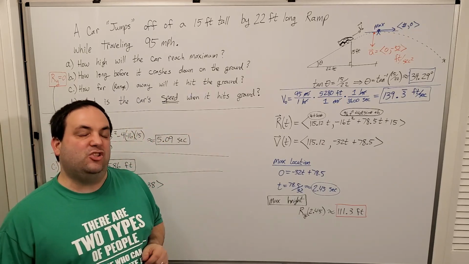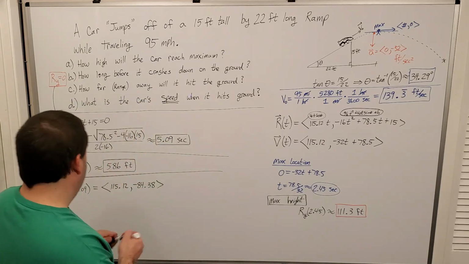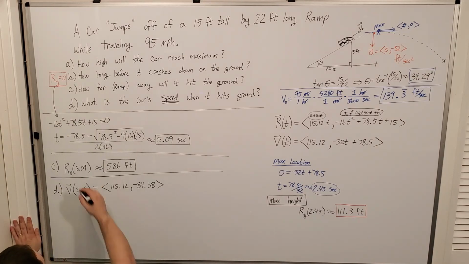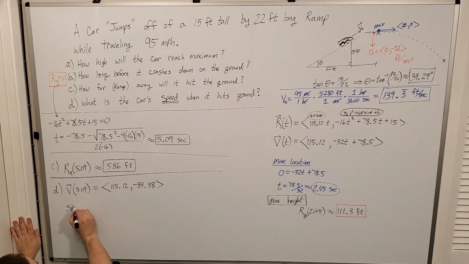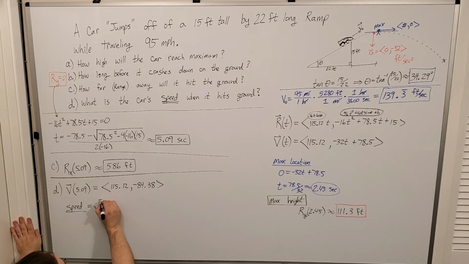Magnitude is your actual speed here. Okay, so my speed is equal to the square root of 115.12 squared plus 84.38 squared.